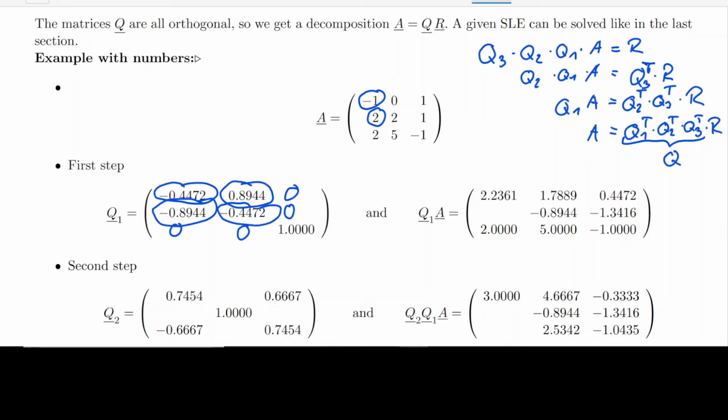Then, if you apply that, Q1 to the left and A to the right, if you redo all the calculations, here you get the desired 0. This line is kept, and the other entries are the entries I wrote down here, and you can try to recalculate them.